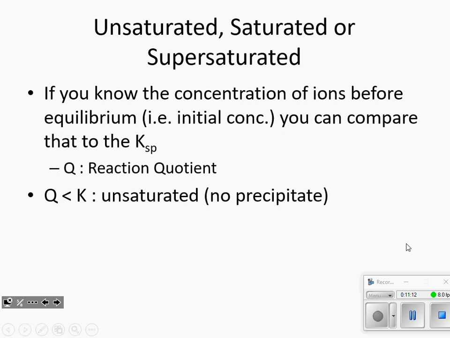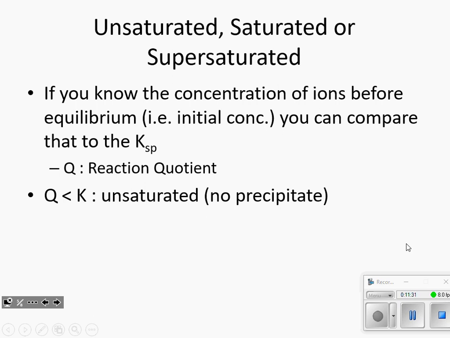So, if you remember, the reaction quotient is products over reactants. However, we don't have to go over reactants for KSP values. So Q is just like K, it's just not at equilibrium.